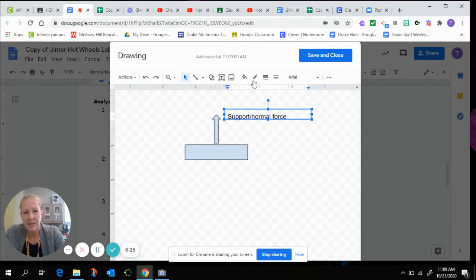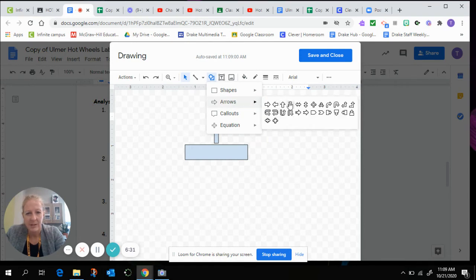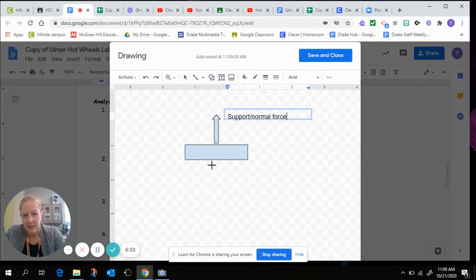Then there is a downward force on the car. So I'm going to get a down arrow, and I'm going to place it here. Since those 2 forces are balanced, I'm going to try to make those arrows as close to the same size as possible, so it's obvious that they are balanced.